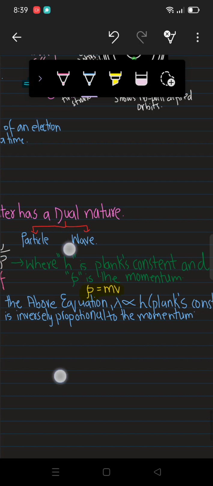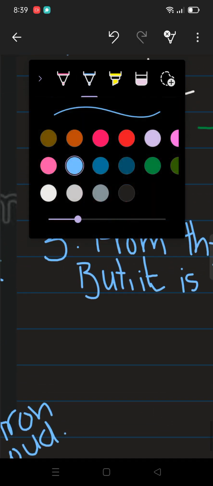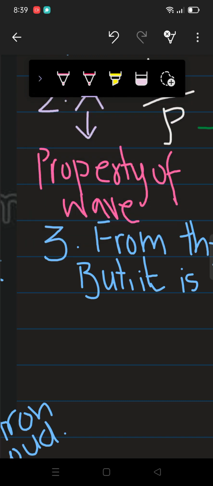In the fourth point, we got to know that the de Broglie hypothesis is applicable to both microscopic as well as macroscopic matter.